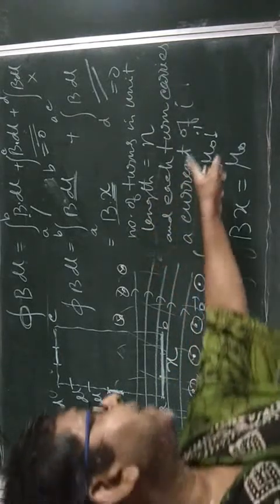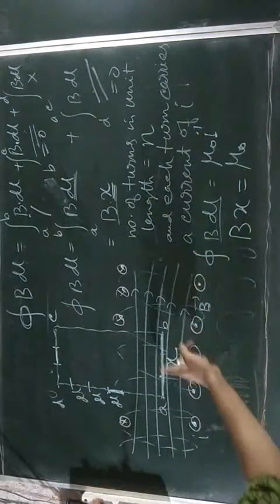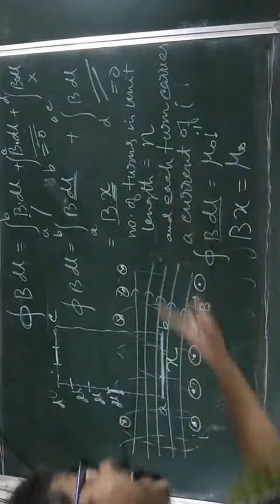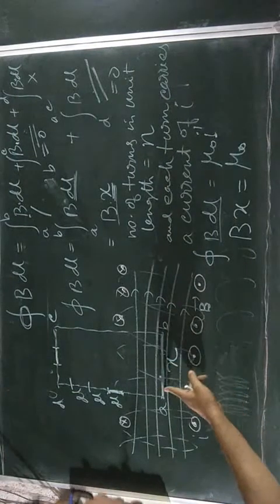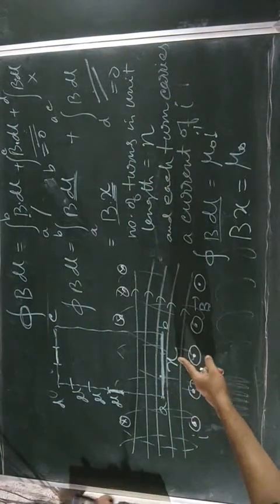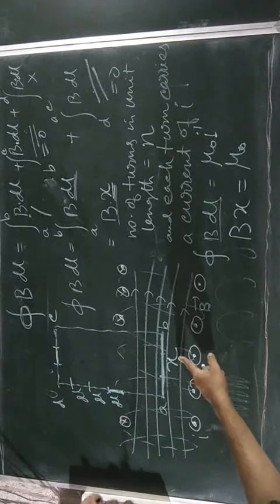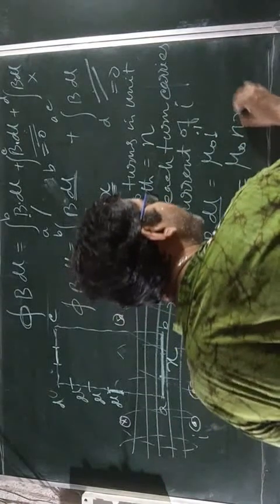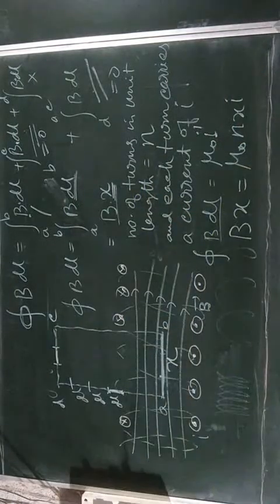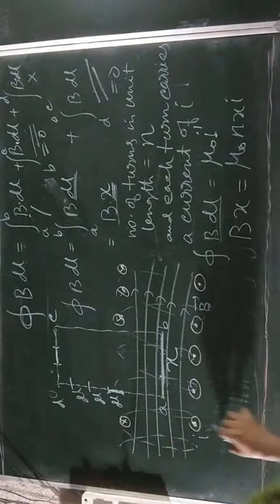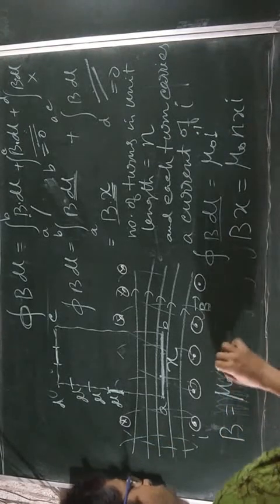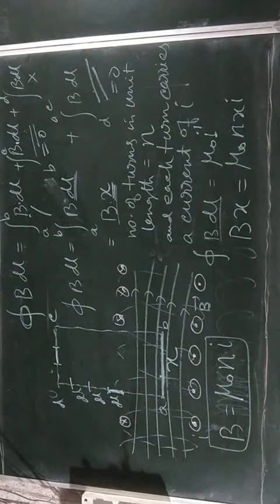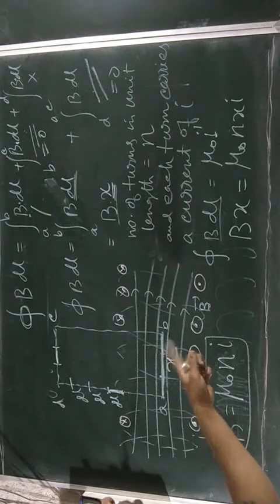Each turn carries a current of I, and there are total nx turns, because unit length has n turns, x length has nx turns. That means the total current I prime is equal to nxI. Cancelling out x, B is equal to mu naught nI. This is the magnetic field produced at any point on the axis of a current carrying solenoid.